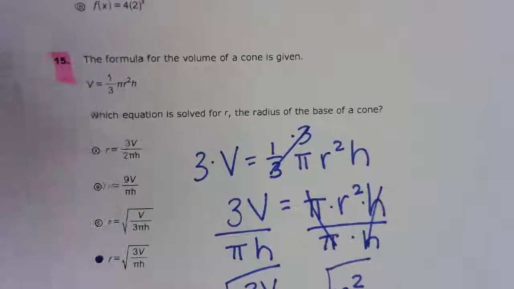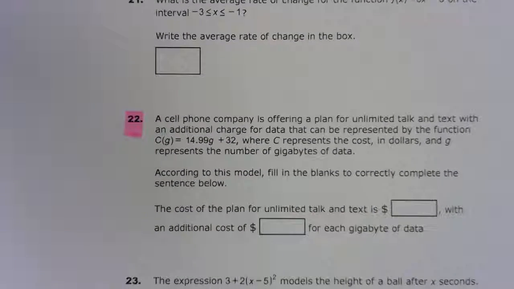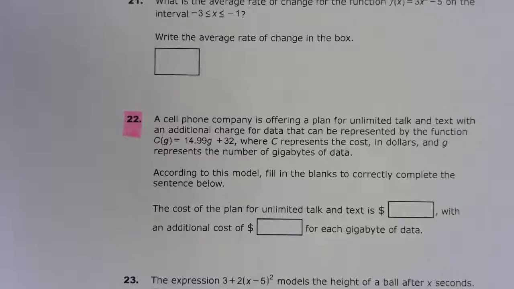Okay. Next, we have question 22. A cell phone company is offering a plan for unlimited talk and text with an additional charge for data that can be represented by the function C of g equals 14.99g plus 32, where C represents the cost in dollars and g represents the number of gigabytes of data. According to this model, fill in the blanks to correctly complete the sentence below.